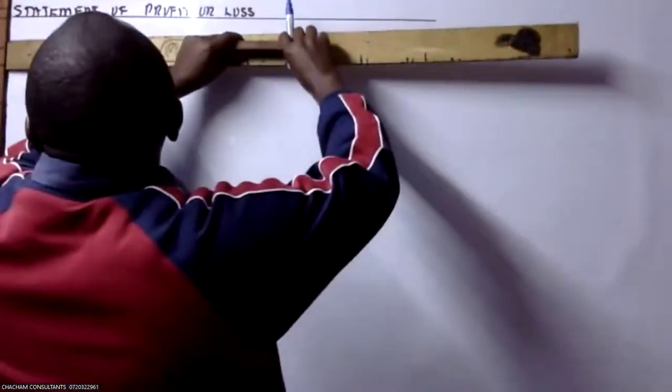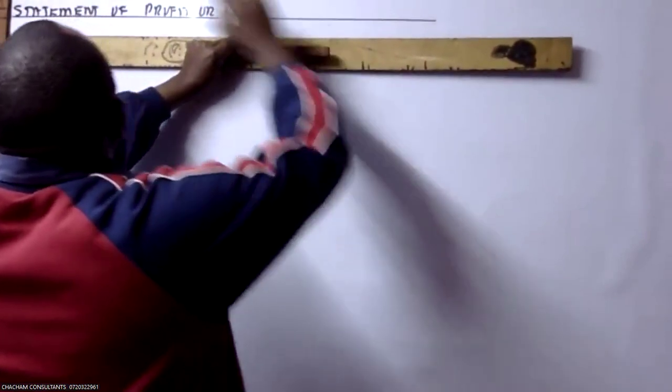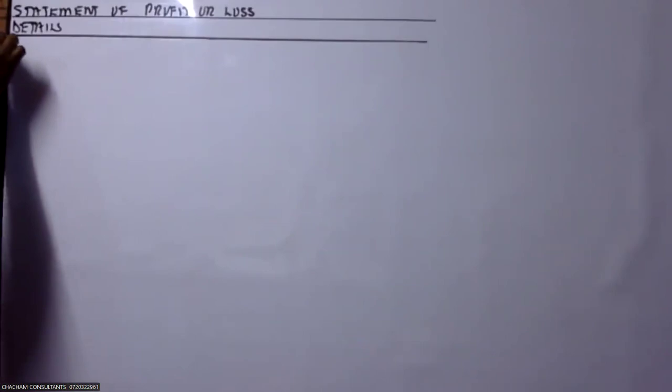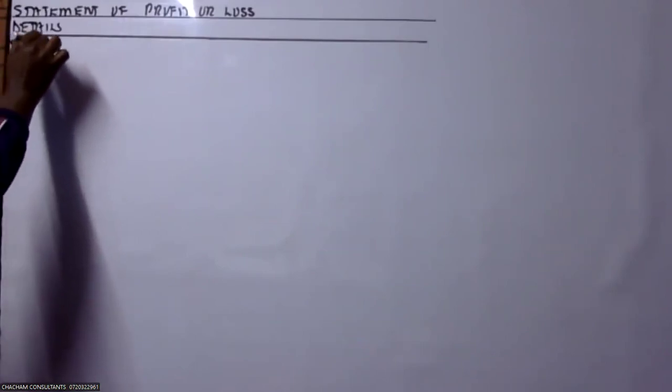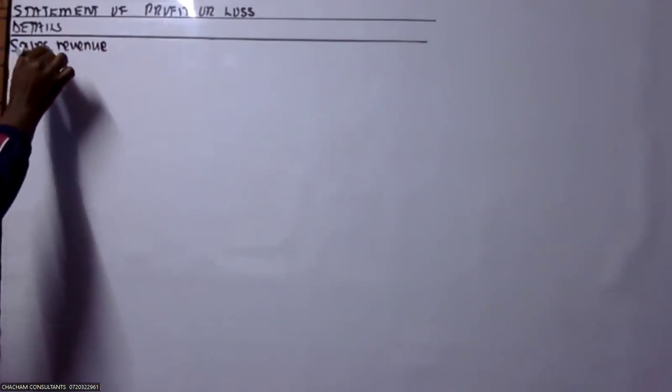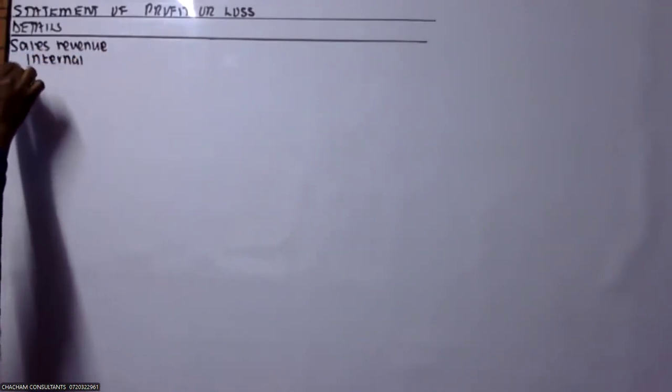So first we will arrange the details here so that we know how far they will go. Details, the first thing, as you know from your knowledge in transfer pricing, we will have the sales revenue. Now this sales revenue, we have the internal and then we have the external.